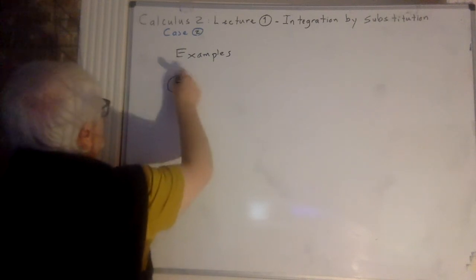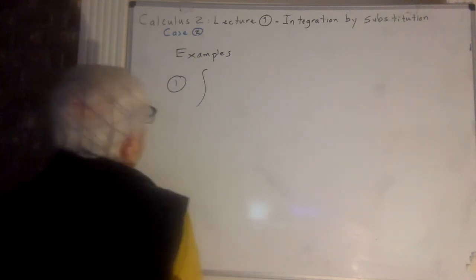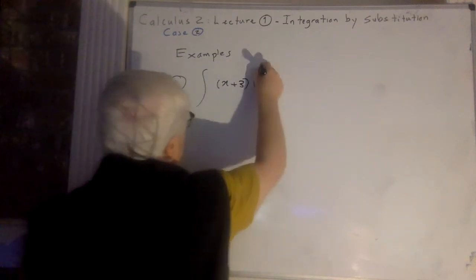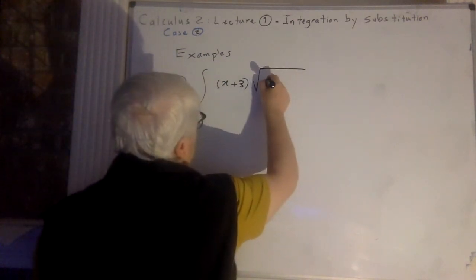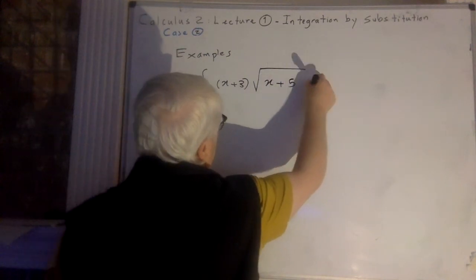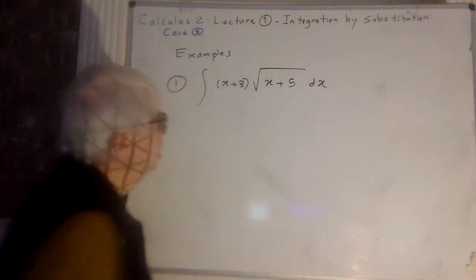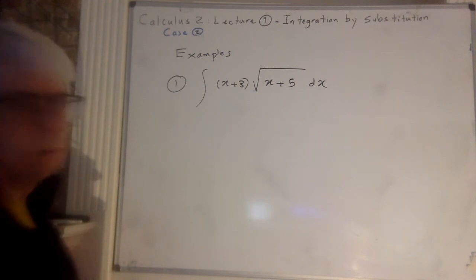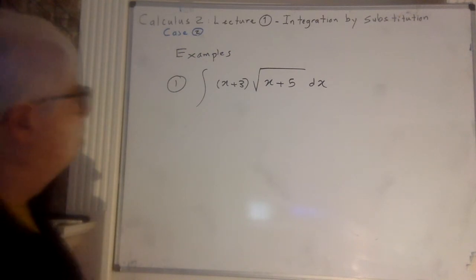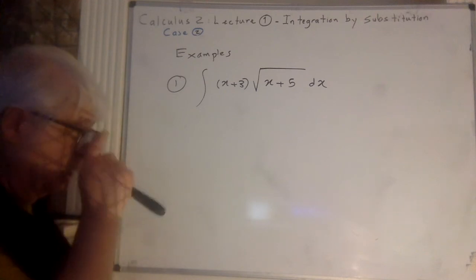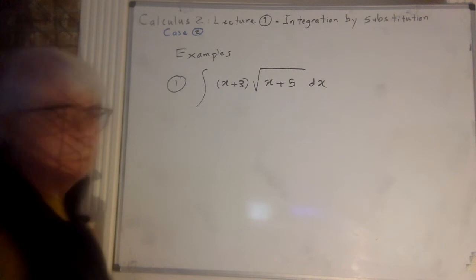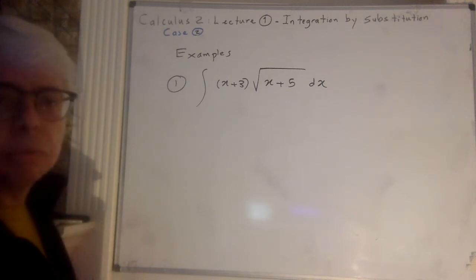Well, let's see, maybe I just have one example in mind. You might see something like this: x plus 3, times the root of, say, x plus 5, dx, something like that. And you look at this and see an inside function, x plus 5, but you don't see its derivative on the outside.